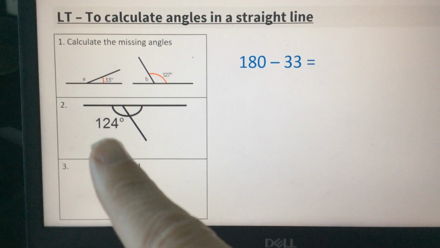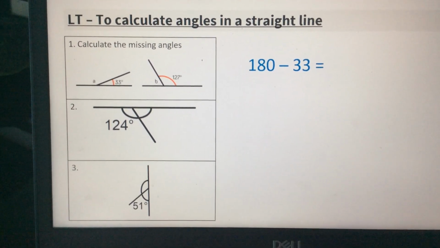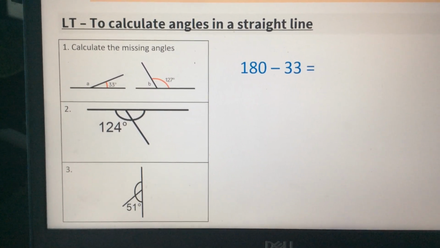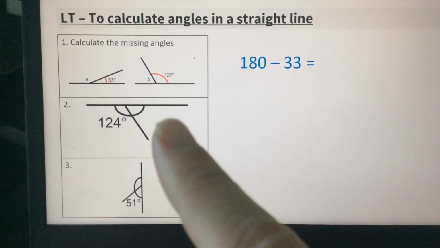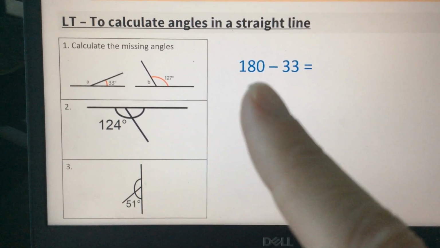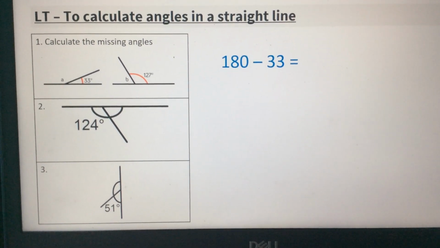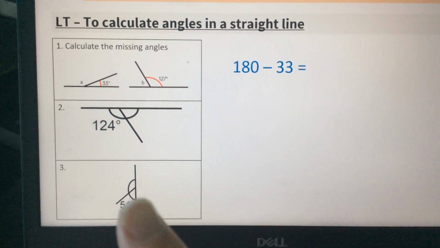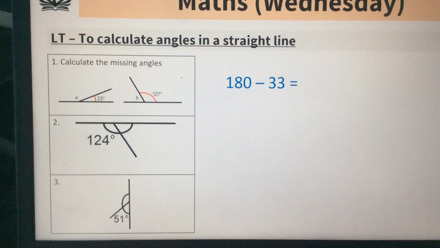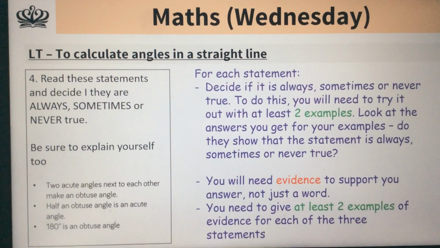So if we take away the angle that we know, we'll be left with the missing angle. A good way of checking these ones is once you've found your missing angle, add those two angles, and they should add back up to 180. So these ones are all the same. You've got one angle given, and you're doing it as a subtraction from 180.